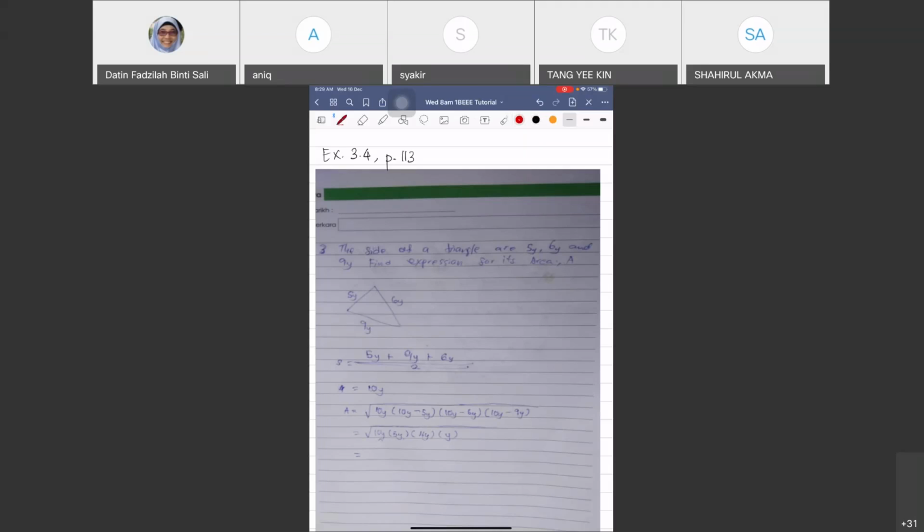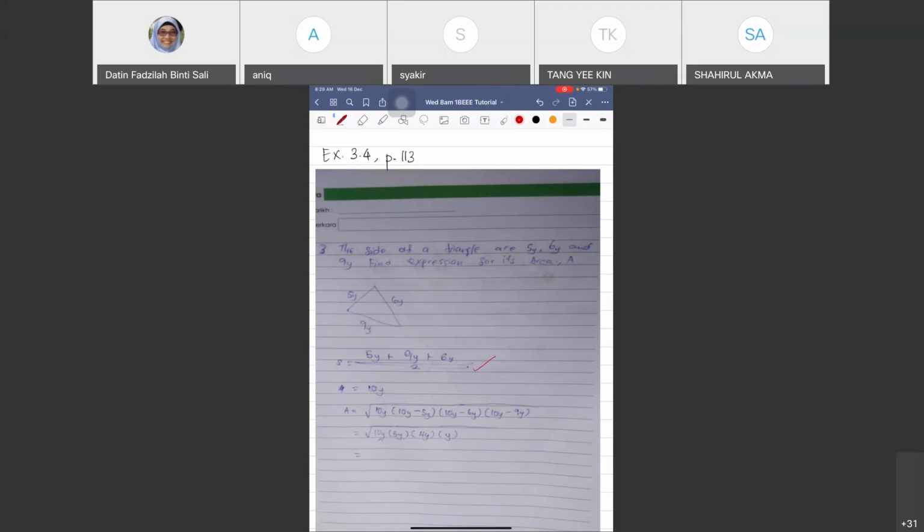So basically, this is what you need to do. First you need to know Heron's formula, where you have to compute S first. S basically is A plus B plus C over 2. It's the sum of all three sides divided by 2. If you look at this one, this is correct.